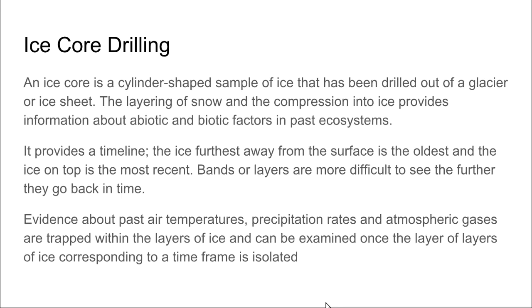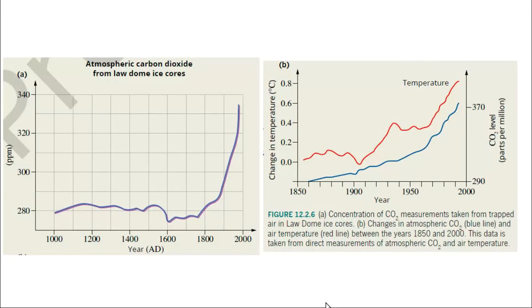These do contain evidence about past air temperatures, precipitation rates, and atmospheric gases, as they are trapped within the layers of ice, and they can be examined once the layers of ice corresponding to a time frame is isolated. So here we can see how we can measure the atmospheric carbon dioxide in ice cores, and then we can see the changes in temperature that would have occurred during that time as well.